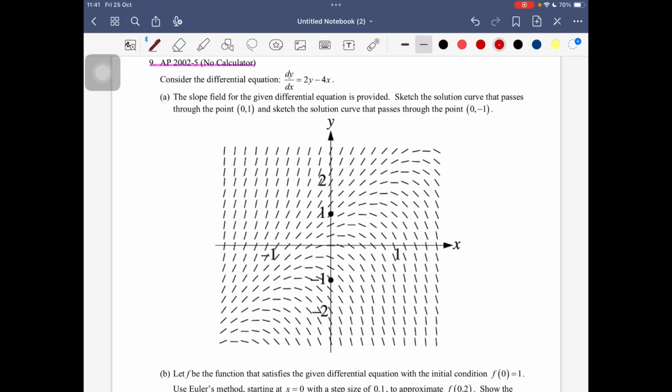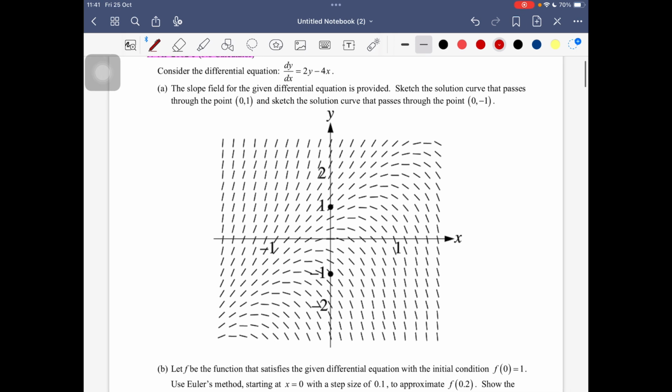So we have the differential equation dy/dx = 2y - 4x. And the first question is about the slope field. A slope field is a way to approximate the solution of a differential equation. So far we've learned to solve the differential equation itself, and that gives the exact solution.